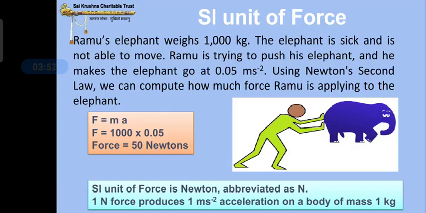So the force that Ramu applies is 50 newtons. Clear? So 50 newtons of force is applied to make a 1000 kg elephant accelerate at 0.05 meter per second squared.